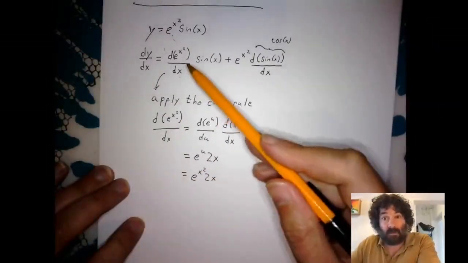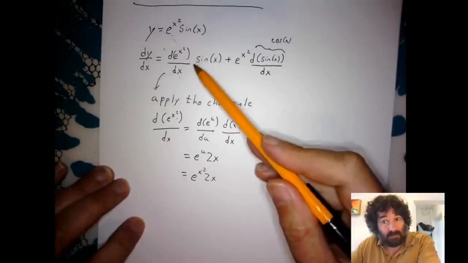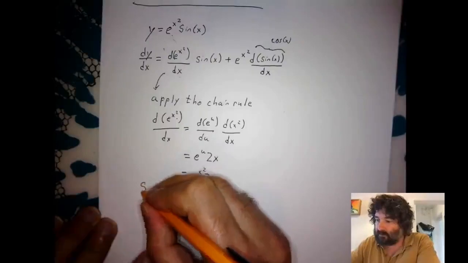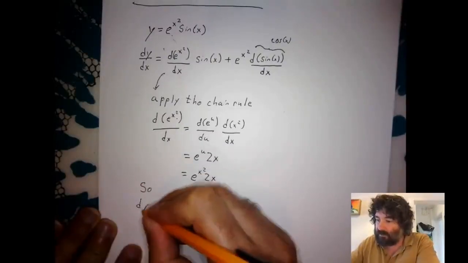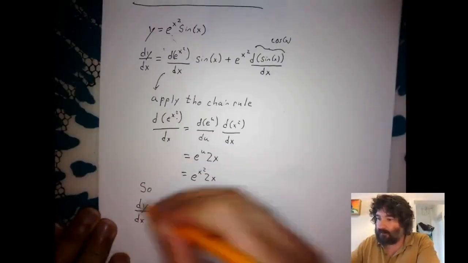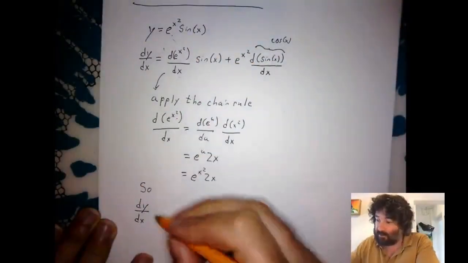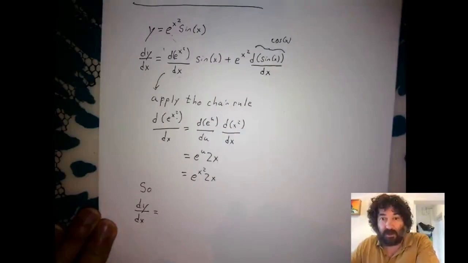Okay, and so you can put the derivative of e to the x squared back in the original formula for dy/dx and get the final derivative for the function we wanted to differentiate, e to the x squared times sine x. So we've applied both the product rule and the chain rule.